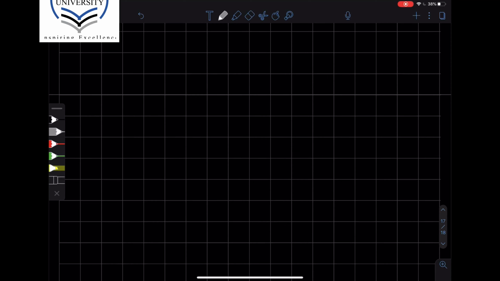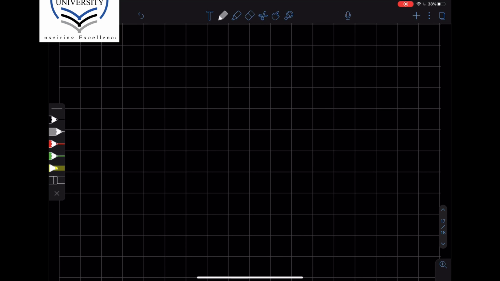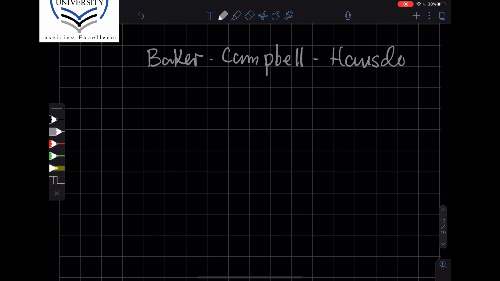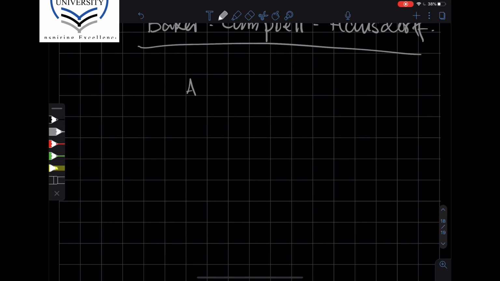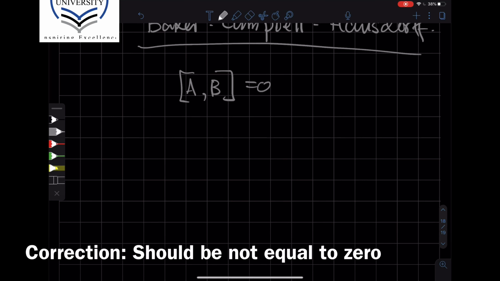Next we're going to prove one of the Baker-Campbell-Hausdorff formulae. This is not the most general one, but it is the one that we used in the lecture. There are a few other names that I forget, as this was derived by many people independently. The idea is that whenever we have two operators A and B which do not commute, how do we make sense of products of exponentials of these operators?